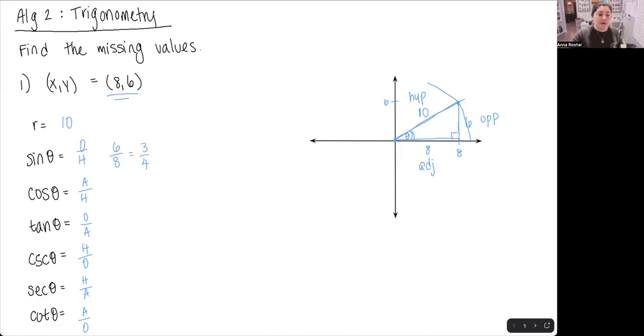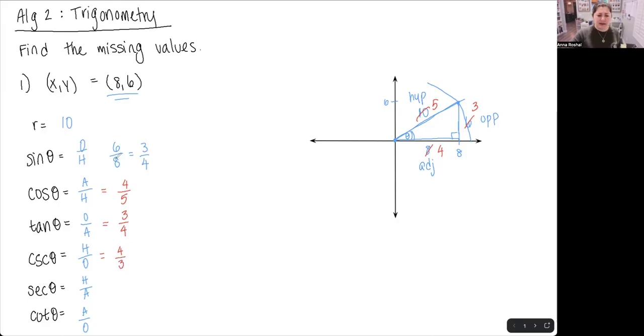I could also go ahead right away and simplify all of these into my 3, 4, 5 situation, so that I end up with 4/5, and I don't have to keep simplifying them over and over again. So my opposite is 3, my adjacent is 4. In here, I'm going to have the reciprocal of 3/4, so 4/3.